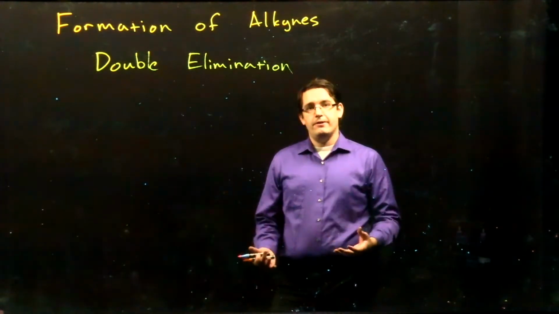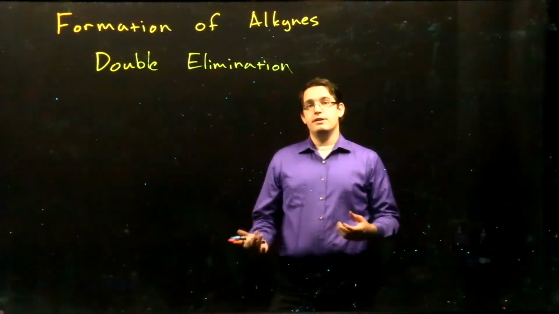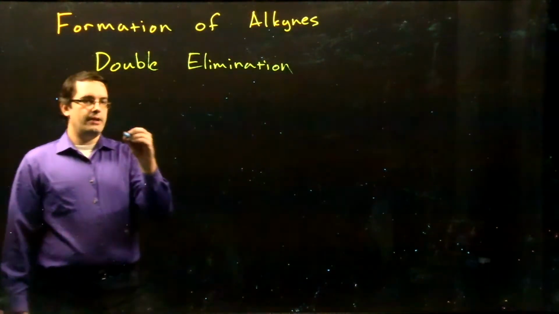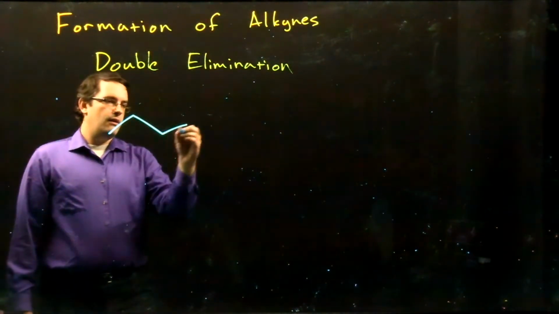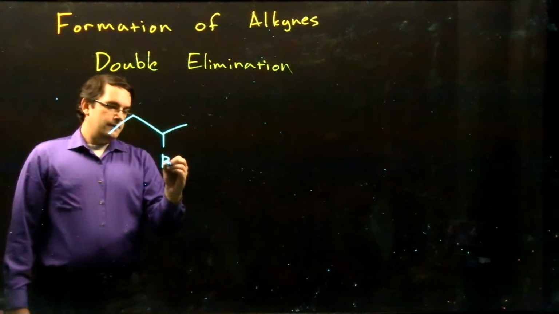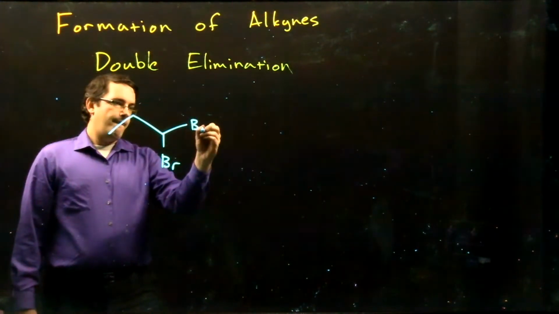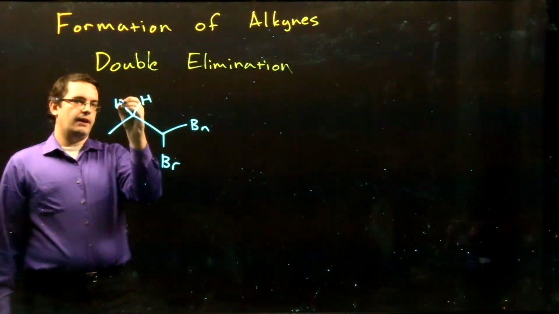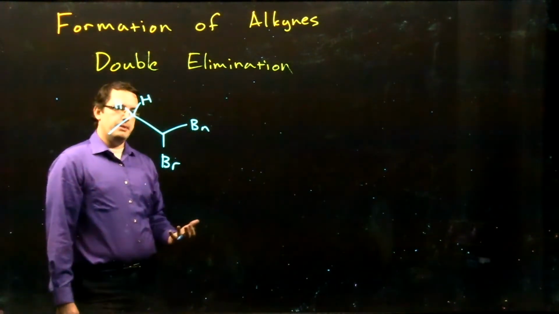Our third main method for forming alkynes is double elimination. Now remember, of course, if we have halogens, we can eliminate hydrogens from our adjacent site. We refer to this as beta elimination.